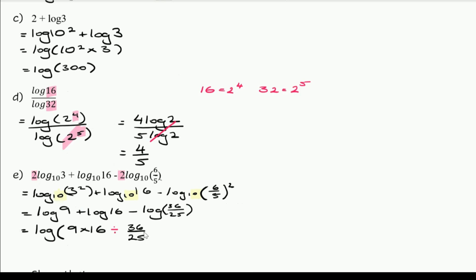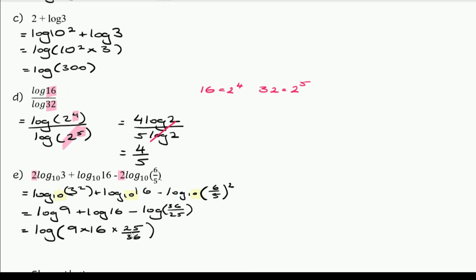But remember, when we are dividing a fraction, we can actually flip these two over and change this into a multiplied sign. So I'm actually going to do that for this question here. So this is going to be multiplied by 25 over 36.